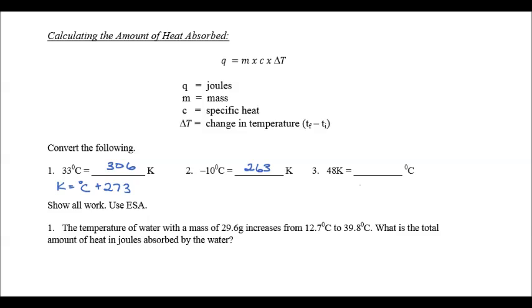And if we have to go the other way, 48 Kelvin equals degrees Celsius plus 273. So it's 48 minus 273, which is minus 225 degrees Celsius. You should be able to convert either way.